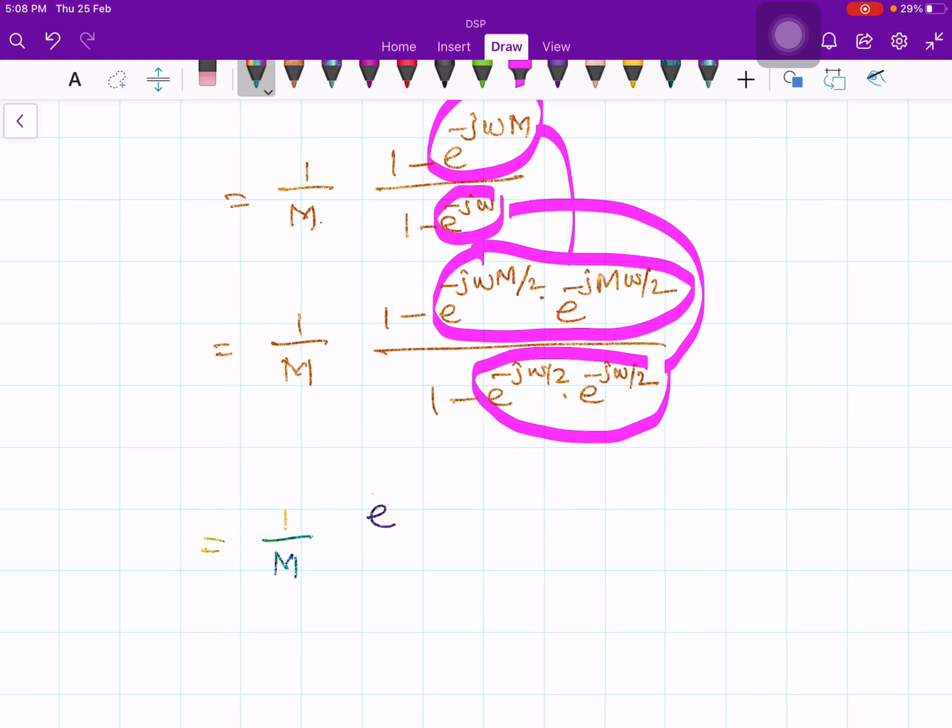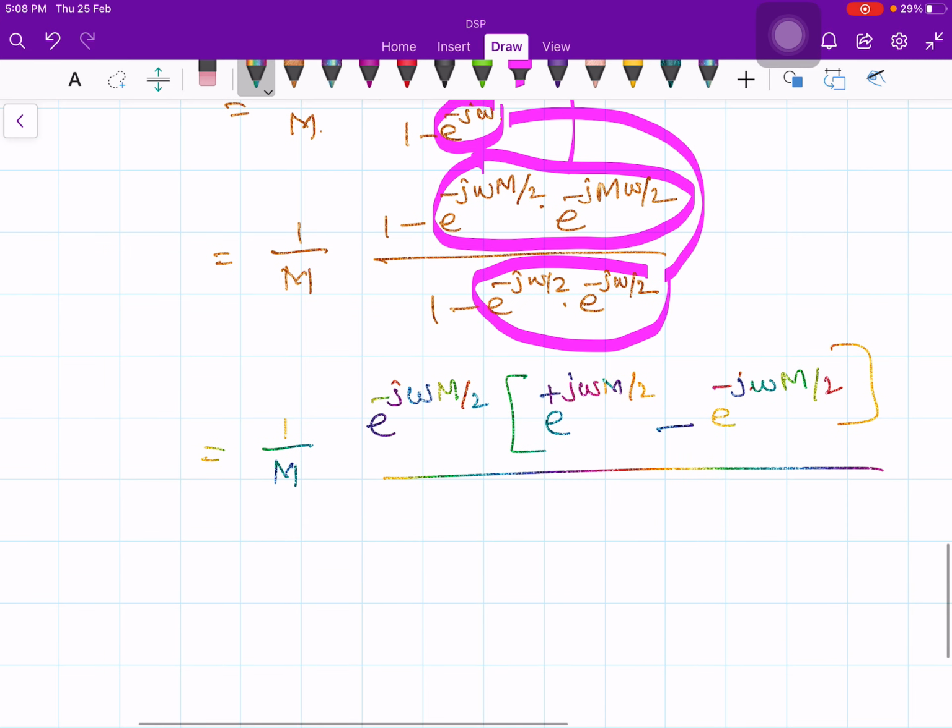So e to the minus j omega capital M by 2, within a bracket I should have e to the plus j omega M by 2 minus e to the minus j omega capital M by 2, whole divided by, in the denominator also take e to the minus j omega by 2 commonly, then e to the plus j omega by 2 minus e to the minus j omega by 2.